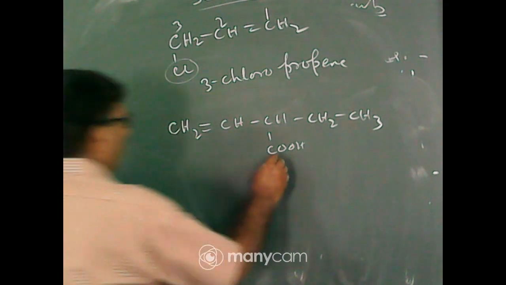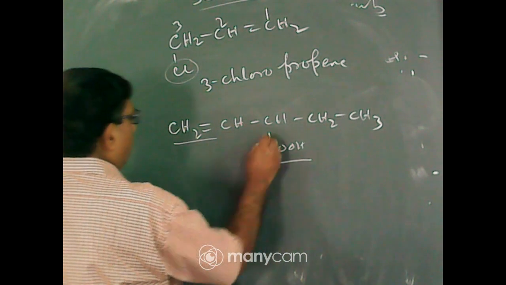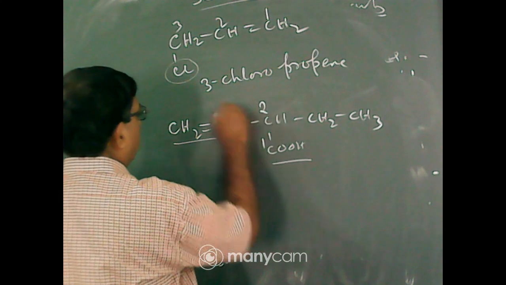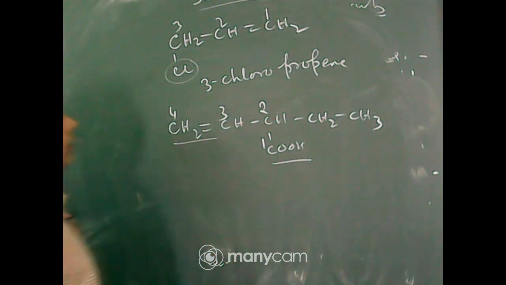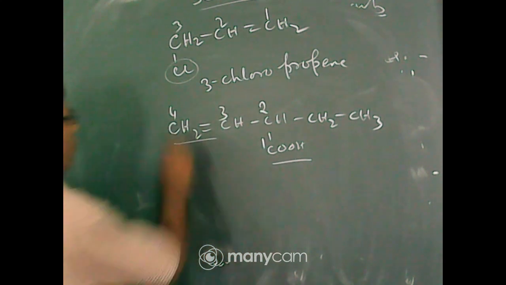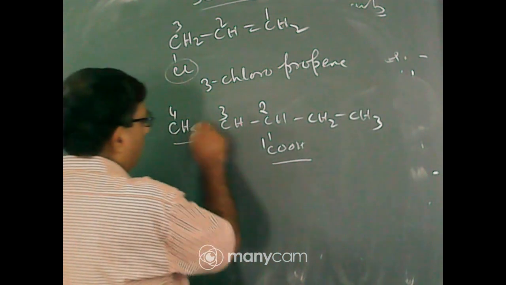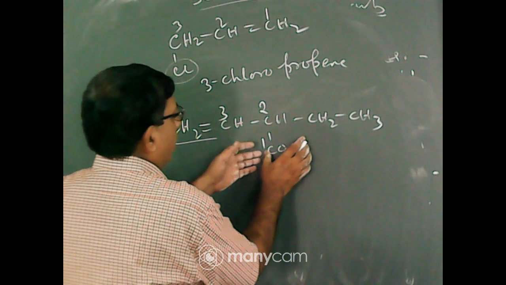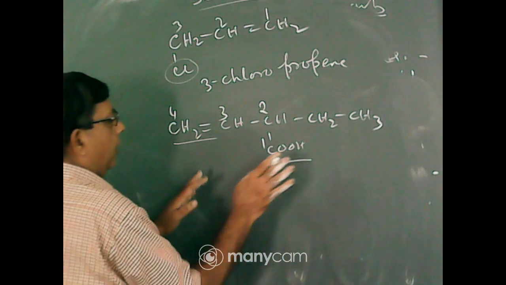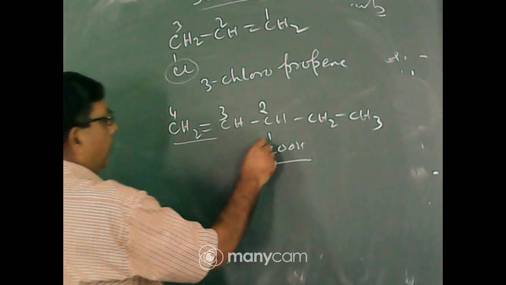So this is the functional group, this is the multiple bond. You number in this way, 1, 2, 3, 4. This is the longest carbon chain. 1, 2, 3, 4, 5 is not the right chain. If you number 1, 2, 3, 4, 5, then the functional group is omitted from the chain. But the chain must contain the functional group.